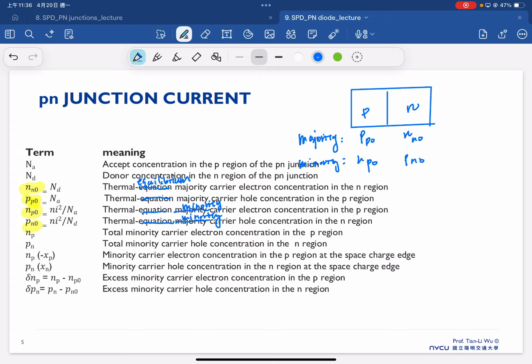So that's how these terms are defined, shown here, and the rest you can just look at by yourself. And for right now, we also need to take into account the space dependency. So later we will also need to consider the concentration at a certain location. That's why there is a function of x here.